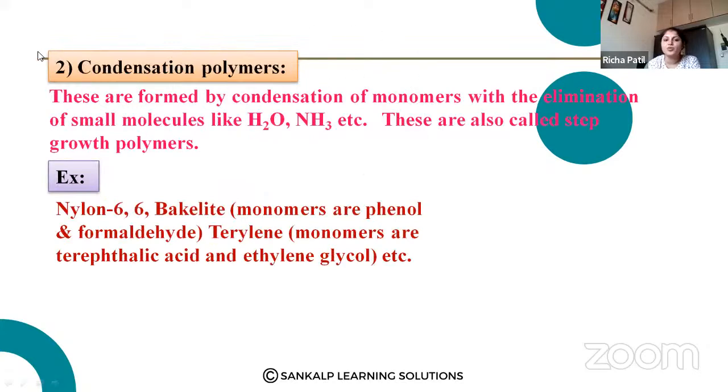Next is condensation polymerization. What do you mean by condensation polymerization? These are formed by condensation of monomers with the elimination of small molecules.